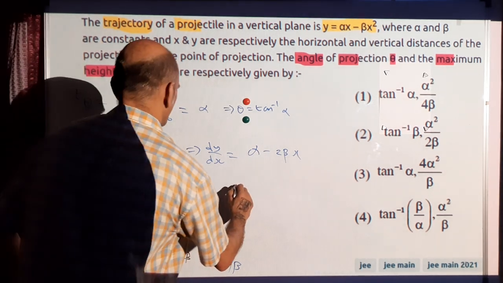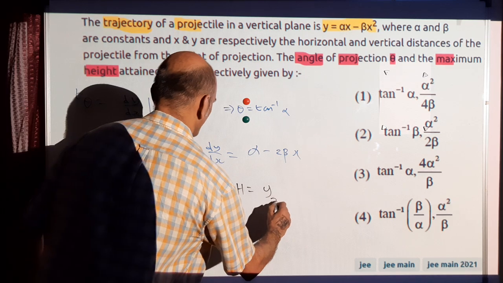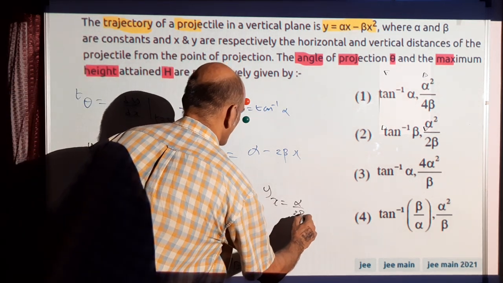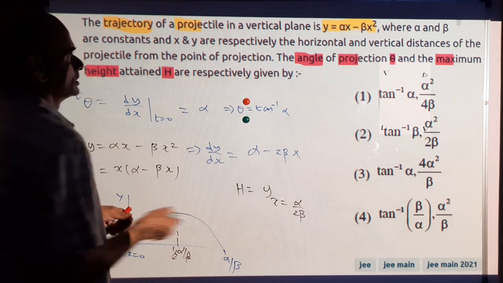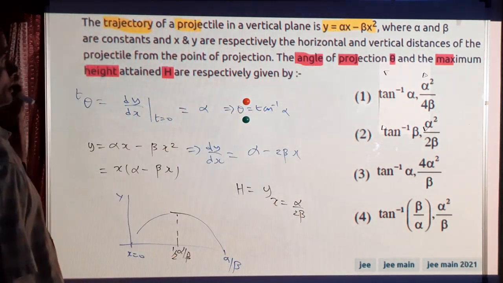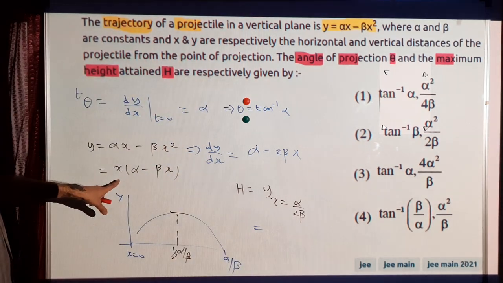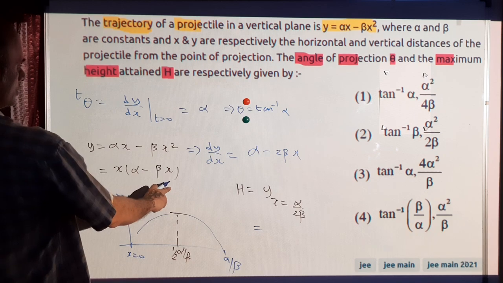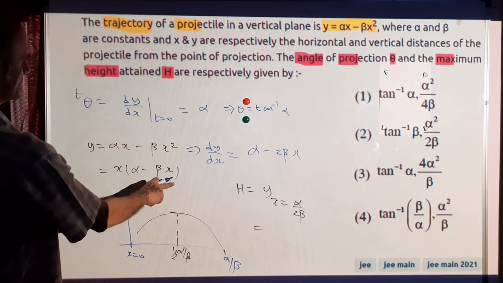So h is the maximum height point, which is y at x equal to alpha by 2 beta. So if you put alpha by 2 beta here, or here also you can put alpha by 2 beta, then half of alpha by 2 beta, beta and beta cancel, so alpha by 2.